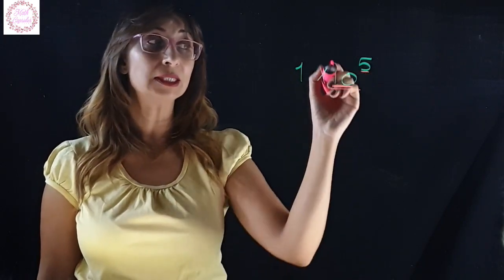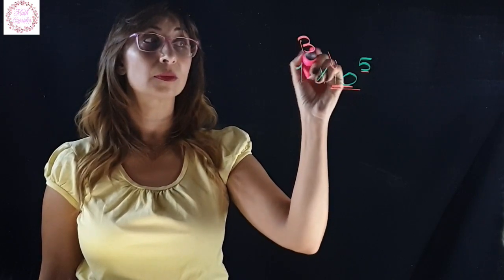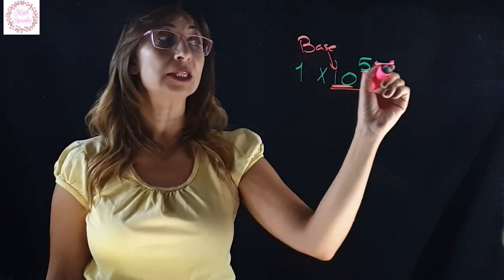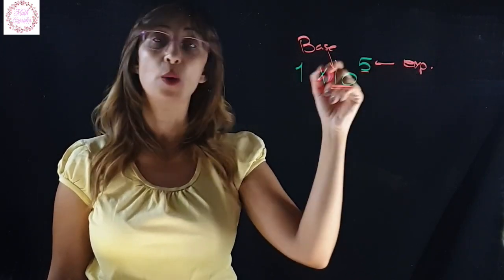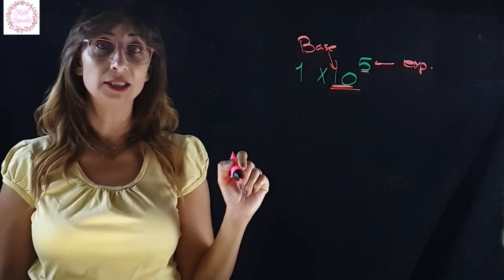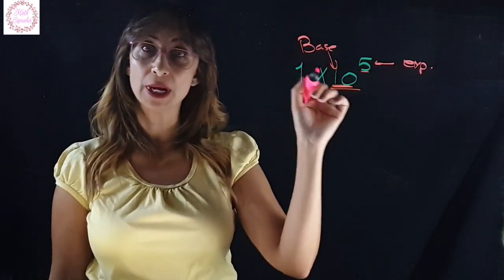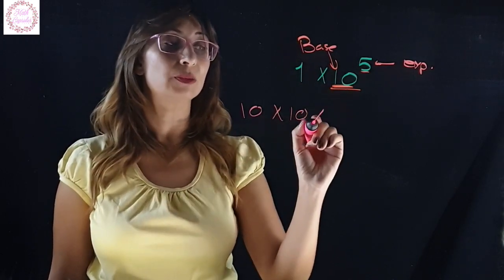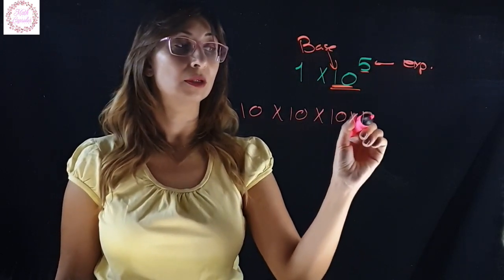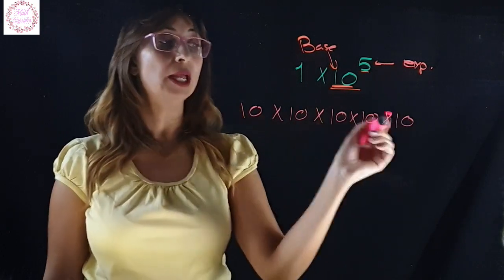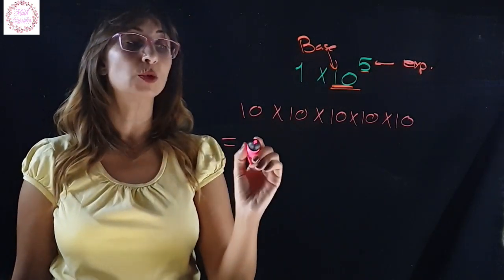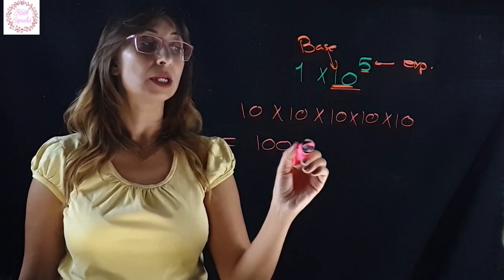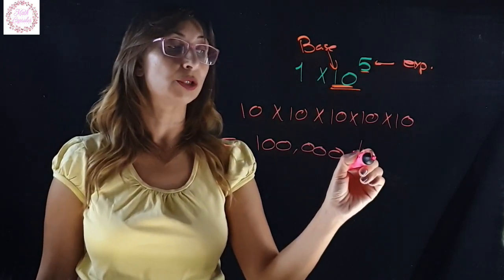So again, the base is 10, and 5 is the exponent or the power of 10 in this case. So this means that the base 10 is multiplied by itself 5 times. Okay, so these are 5, so the answer will be 100,000 kilometers.